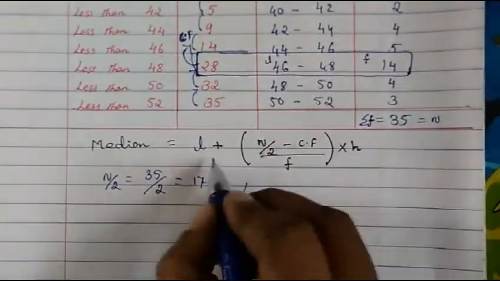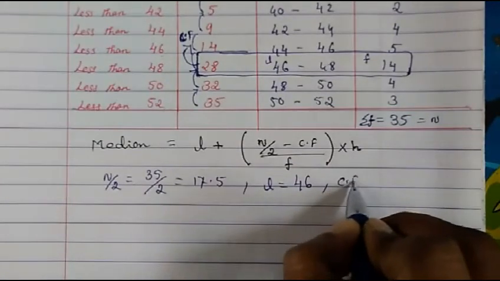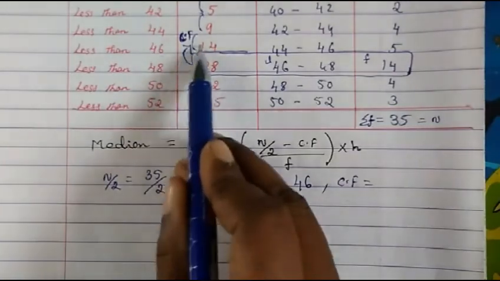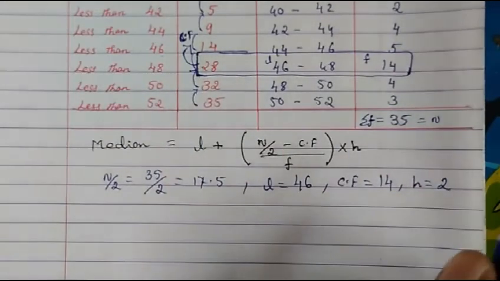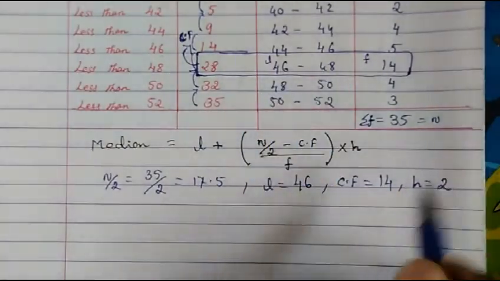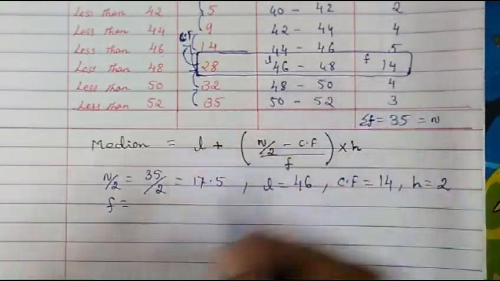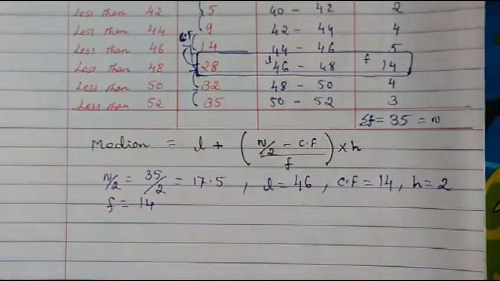You see, L is the lower limit, 46. CF is just above, the one before 28, which is 14. H is, we know, upper limit minus lower limit, so 48 minus 46 is 2. Then frequency is 14. So we have all the values, just put them in the formula.